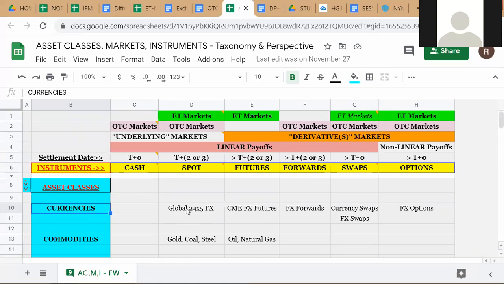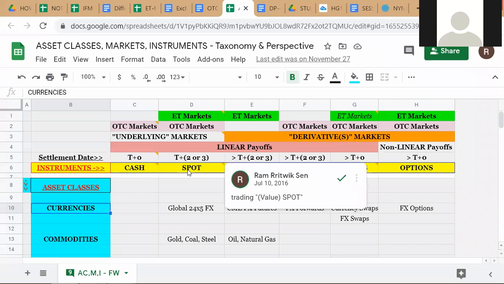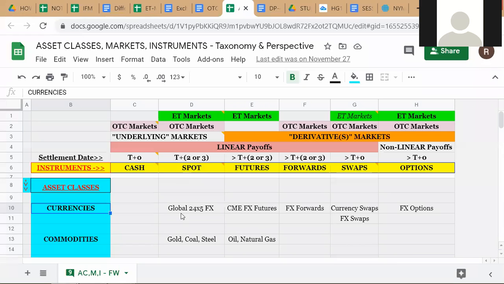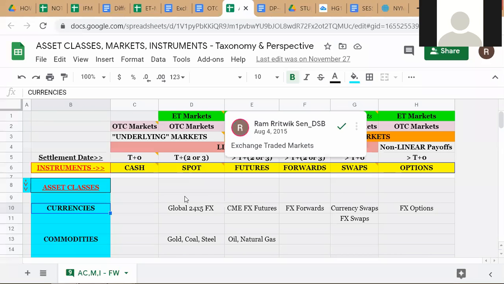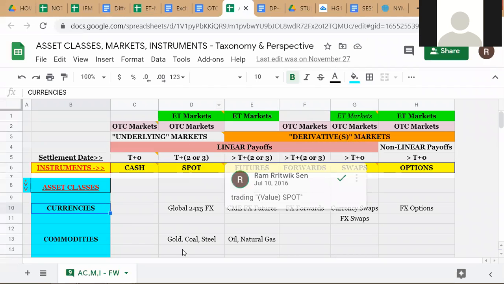In spot markets, you can operate either as OTC markets, which you get in the case of foreign exchange. The spot market for currencies is an OTC market, but the spot market for equities is exchange traded. So that's why this labeling is like this.